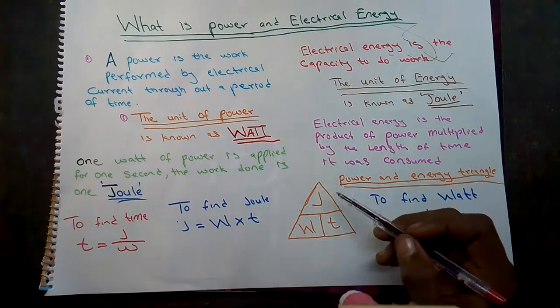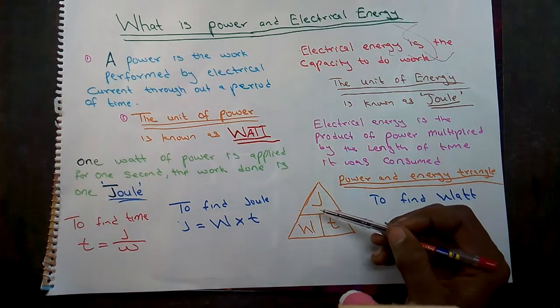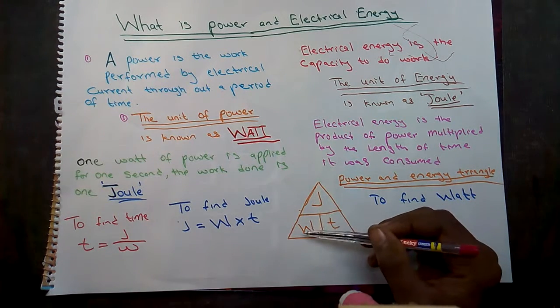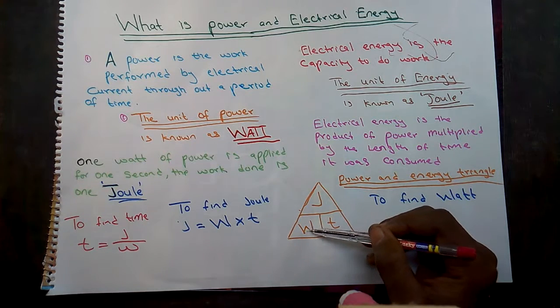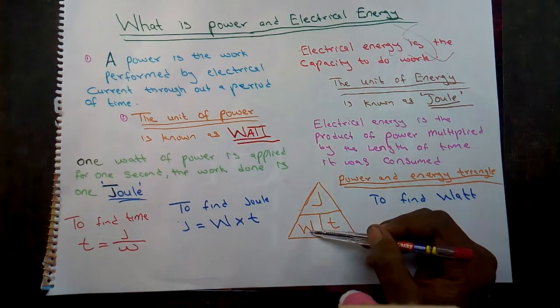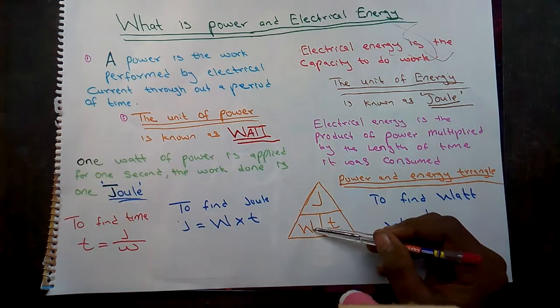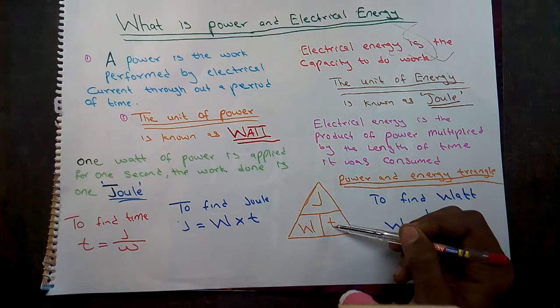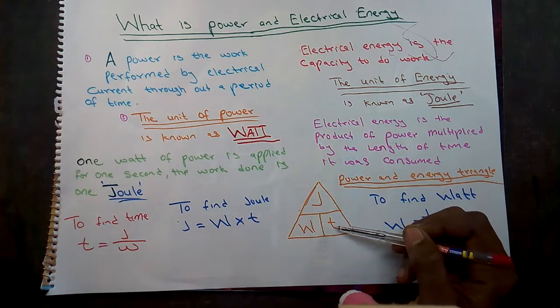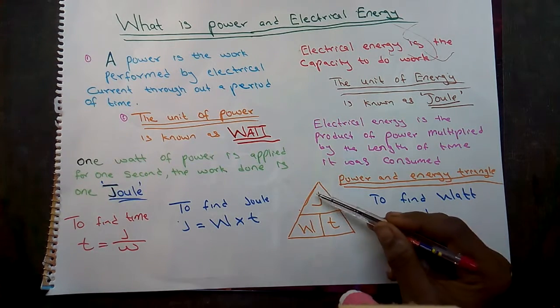Whenever you want to know how much energy is in your circuit, you have to multiply the watts, the amount of work being done. Remember, this is not work, this is watts. Watts is talking about power. So you have to multiply watts by the amount of time it takes to perform that work to get your energy.